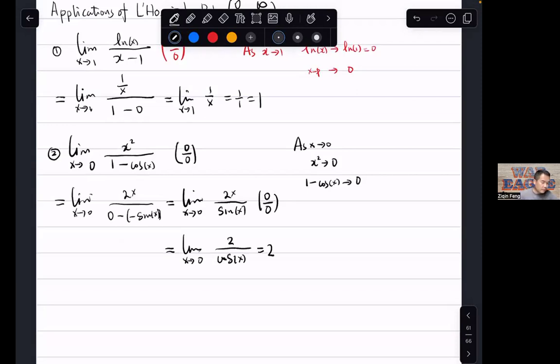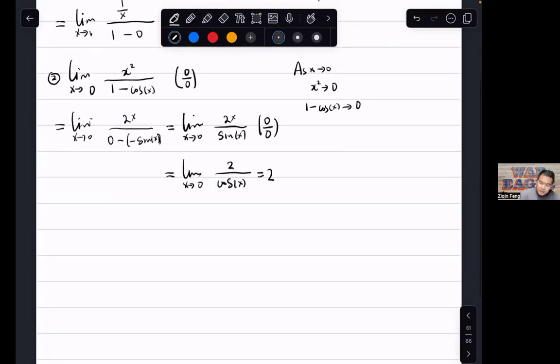Okay. So let's introduce one more indeterminate form, which is 0 times infinity. This is basically a limit in product form, as x goes to some number a.